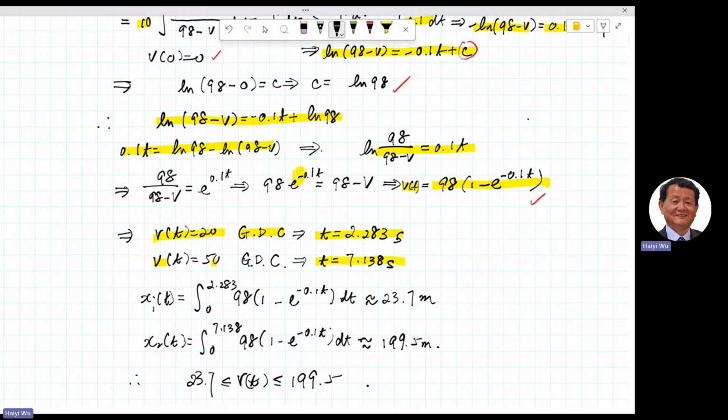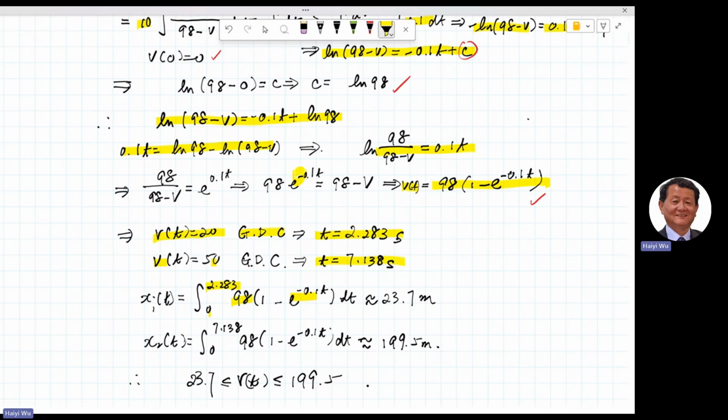When the time is 2.283 seconds, I'm going to integrate the velocity function from zero, because it starts stationary, to hit the water at 2.28 seconds.